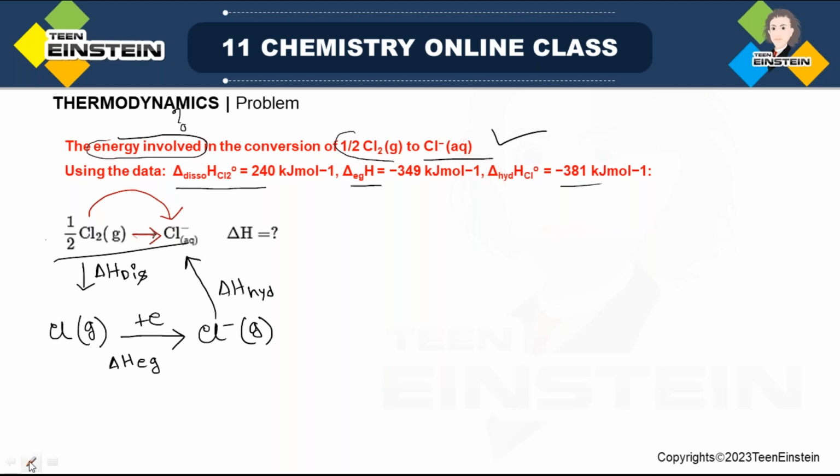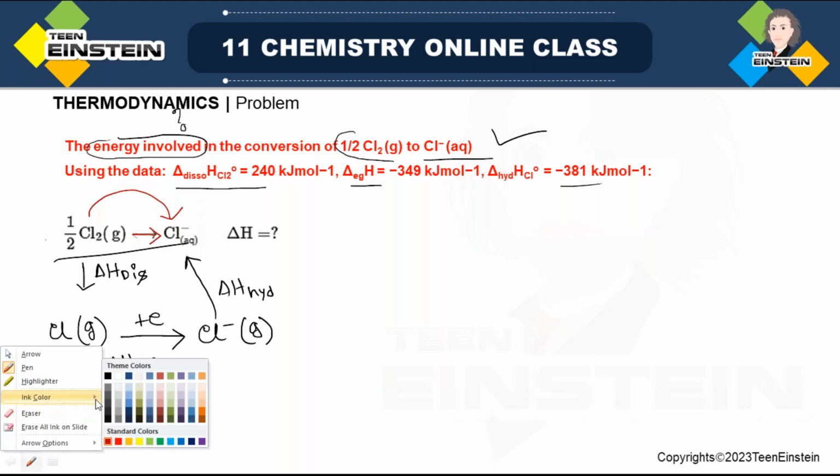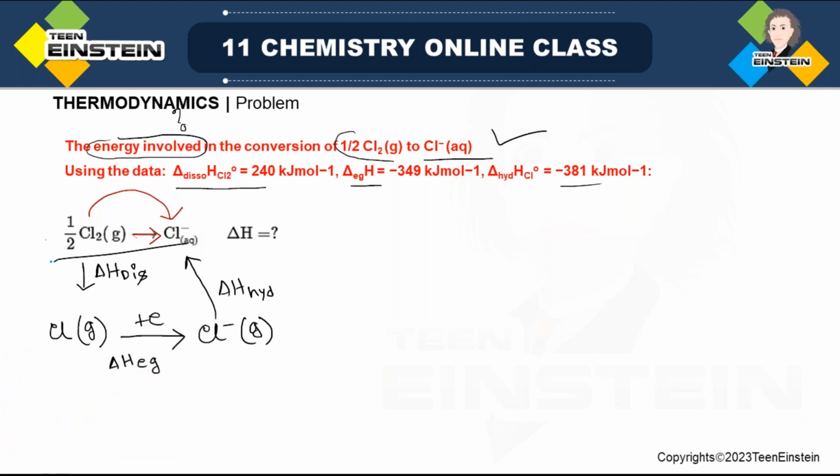and I will write it in terms of A, B, C and D. Suppose this is state A, we want to move to state B, but first we are moving from A to C state, then C to D state, and finally D to B state.